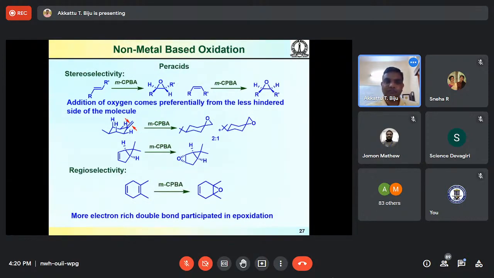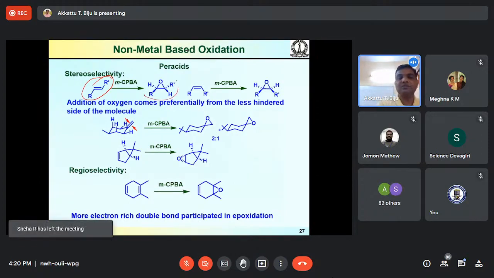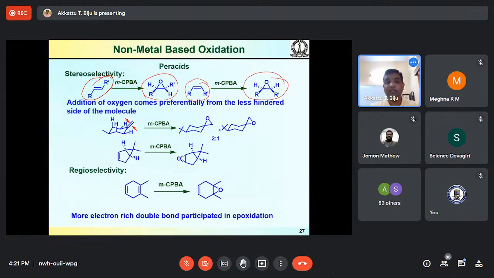Moreover, this reaction is highly stereospecific. That means if you have a trans olefin as a substrate, we get a trans epoxide, and if you start with a cis olefin, it gives a cis epoxide as the major product. And the reaction is also governed by sterics to a certain extent.